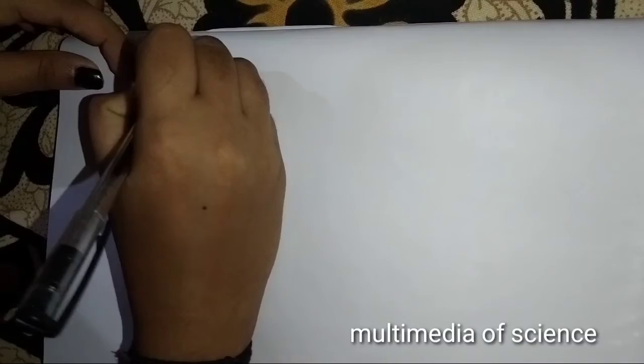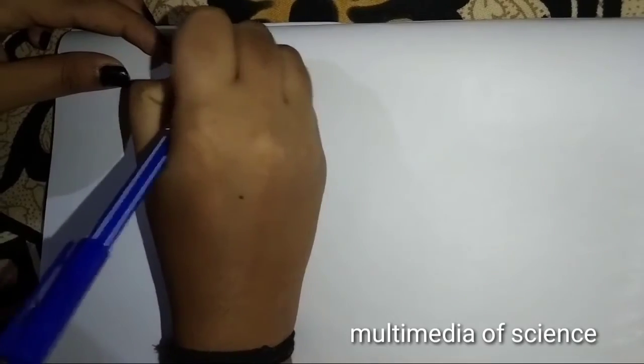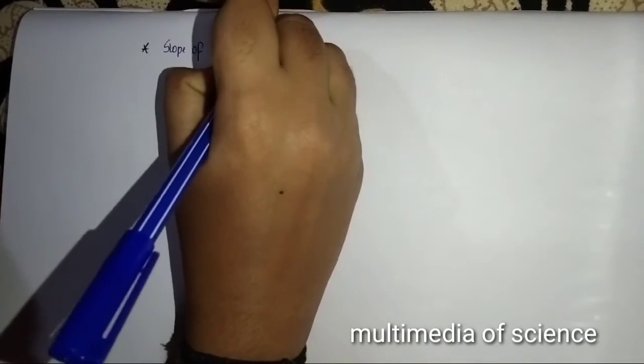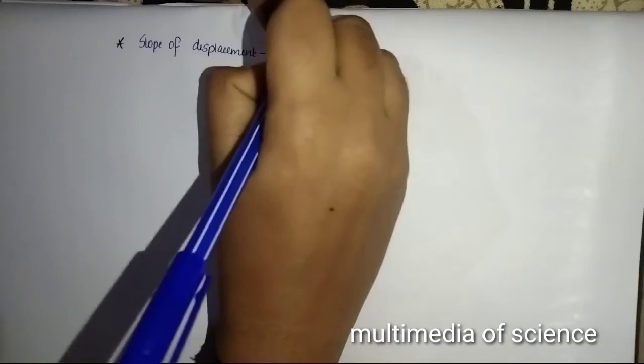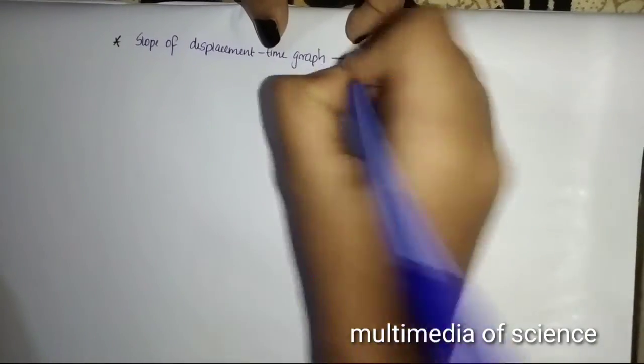Our first point among these is the slope of the displacement time graph. It is giving what?